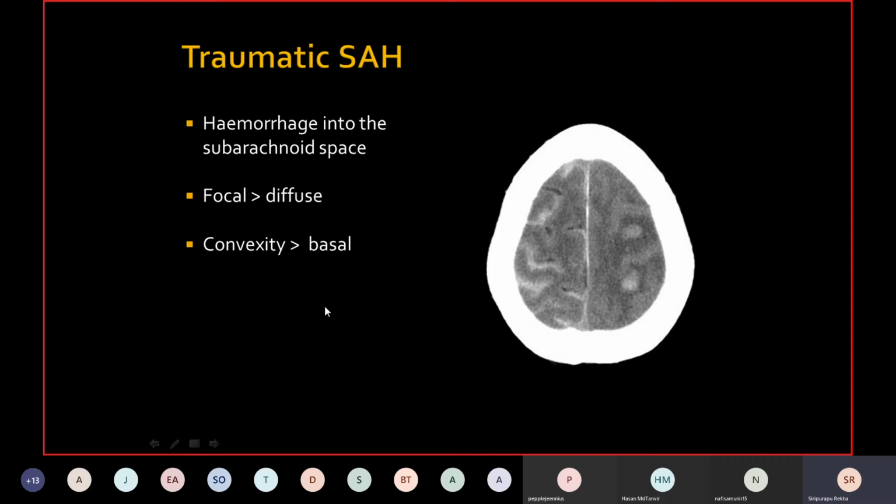The context is trauma, plus the associated abnormalities. So you may see subdurals, extradurals, fractures, contusions. So look at the big picture. For example, in this patient, there is fairly extensive subarachnoid hemorrhage within the sulci here. But at least on this image, we also see parenchymal contusions with edema. So look at the big picture.